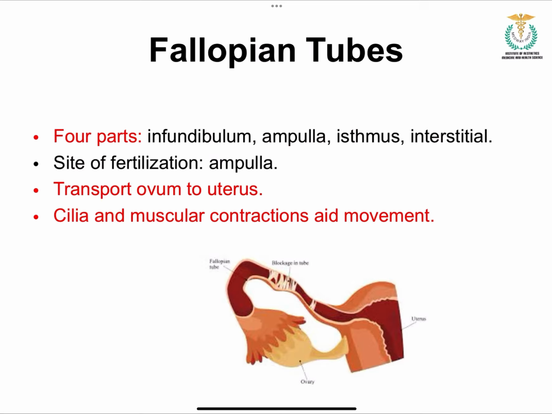The cilia and muscular contractions aid the movement. So this is what the fallopian tube means.